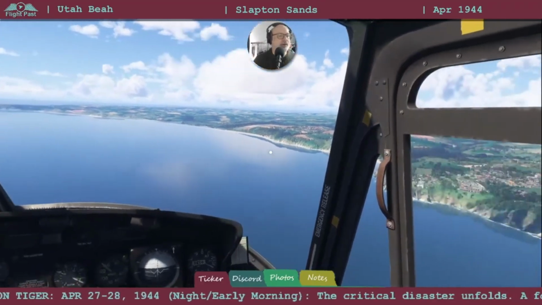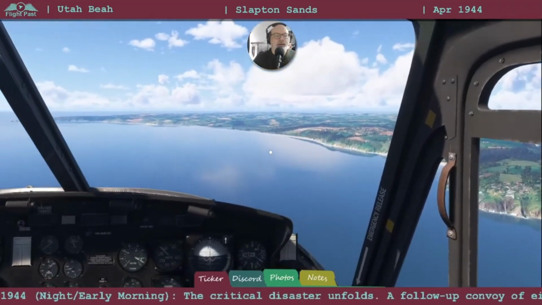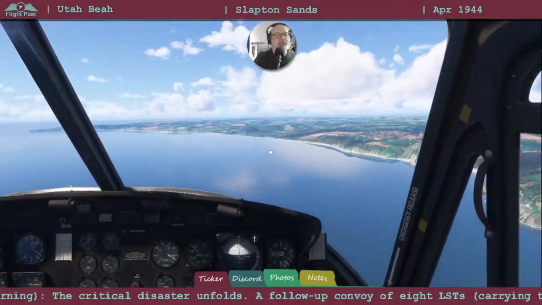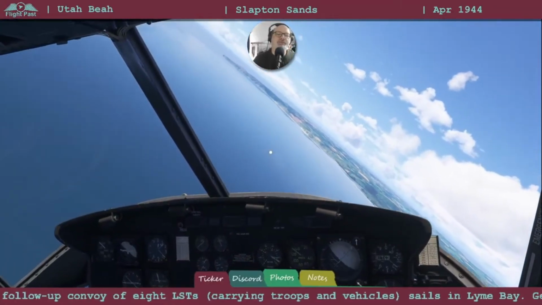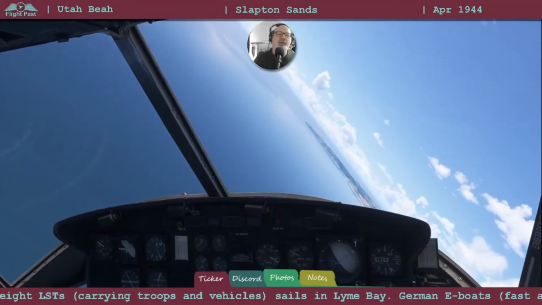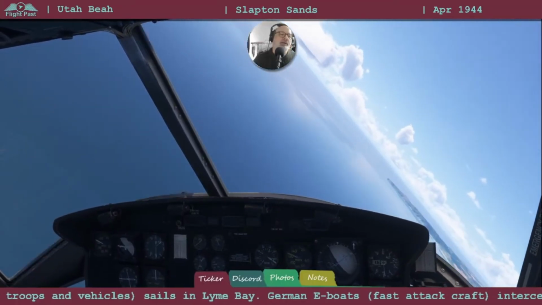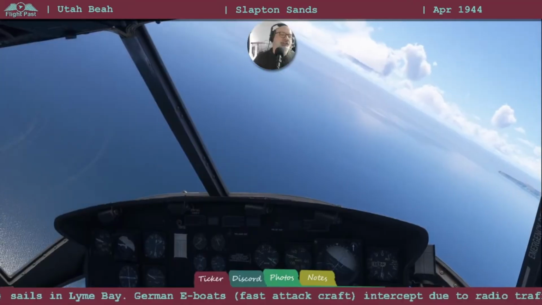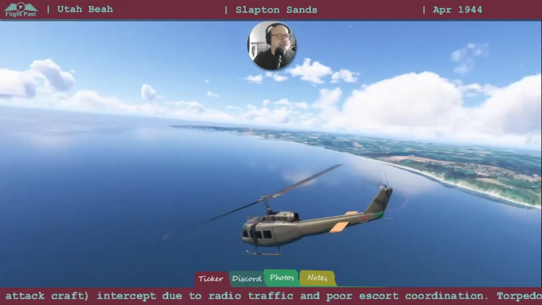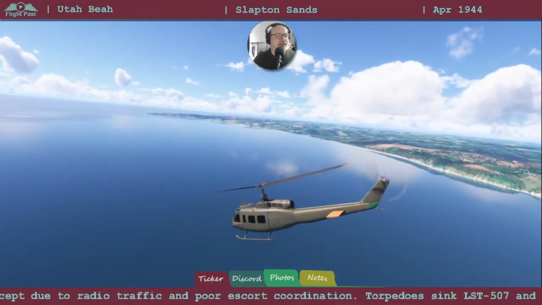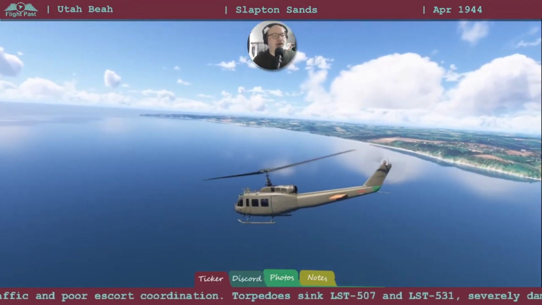Okay, so here we come. Let's just do a low-level pass first into this beach. So we can see Slapton Sands here on our right.